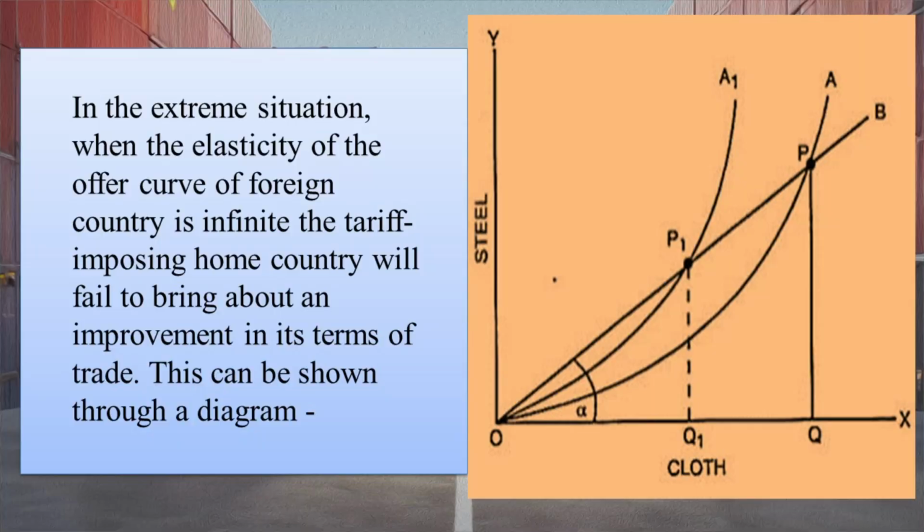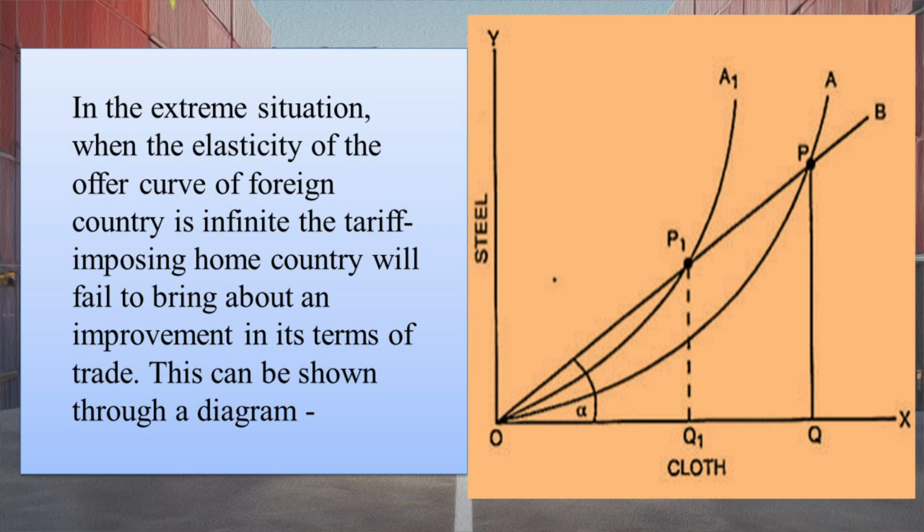In the extreme situation, when the elasticity of the offer curve of the foreign country is infinite, the tariff-imposing country, that is the home country, will fail to bring about an improvement in terms of trade. This can be shown in the diagram.